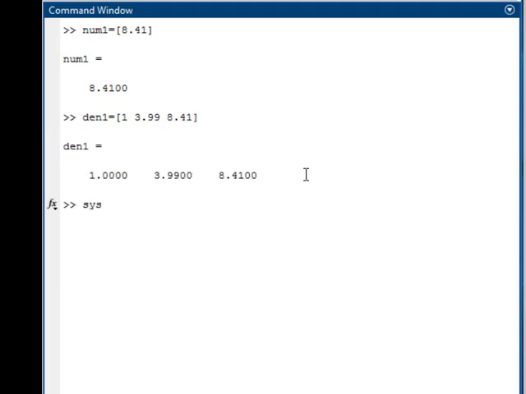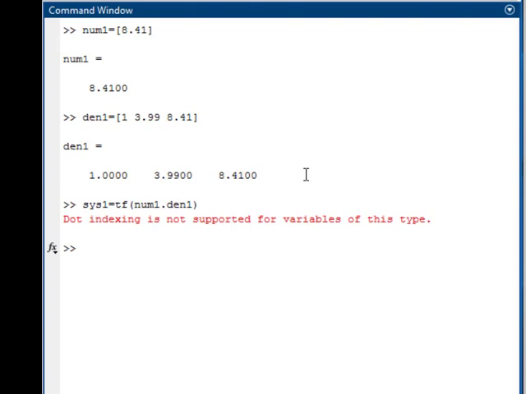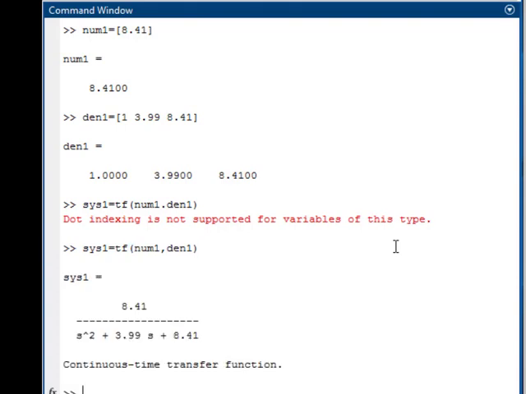Then sys1 is equal to transfer function of num1 comma den1. Okay, something is wrong here. We have to take sys1 equal to tf of num1, and, as you can see here, instead of a comma it should be den1, enter. Now we have the transfer function here.